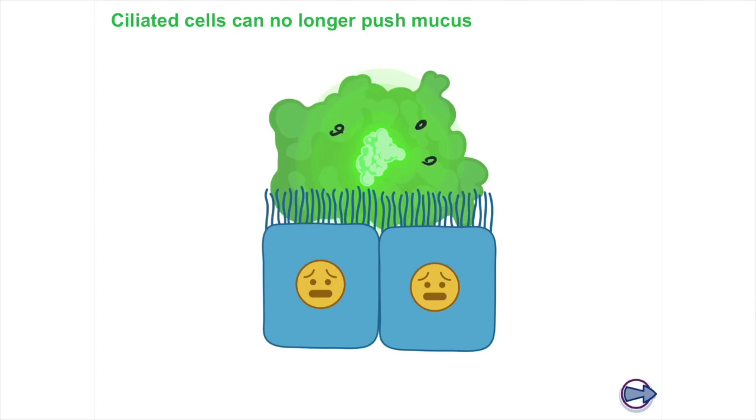Having mucus trapped means that bacteria will also get trapped inside the airways. This results in many bacterial infections that could occur inside the lungs, inside the pancreatic channels, or any channel where mucus is found.